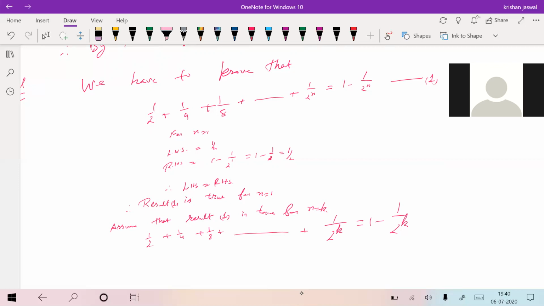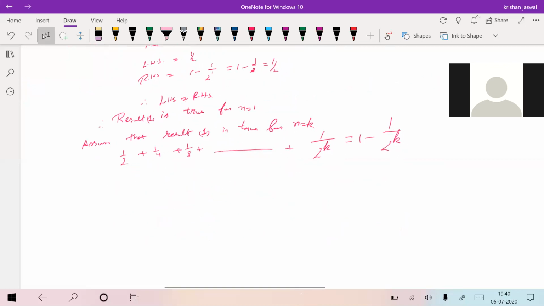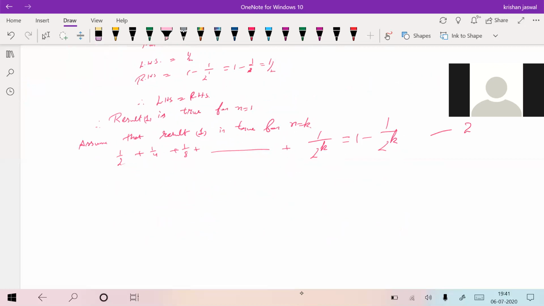Now what will we add on both sides? We will add 1 over 2 power k plus 1 on both sides of the equation. Repeat again: last, what we will add is 1 over 2 power k plus 1.